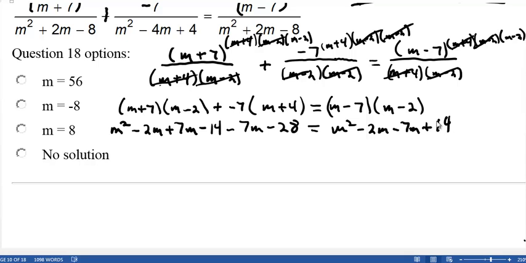Now I'm going to combine like terms. So on the left-hand side, I have my m squared. I'm going to combine now the m terms. So I have negative 2m plus 7m, which is 5m. And then 5m minus 7m is negative 2m.